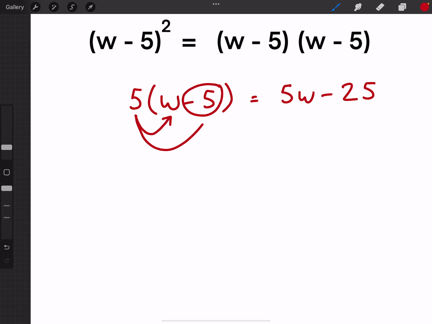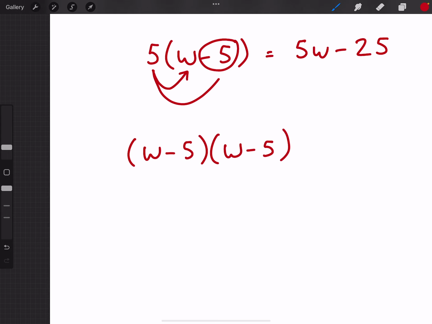However, what if we have w minus 5 times w minus 5? Well, in this case, we just have to multiply both of the numbers in here into these ones separately. So here's what we do. We start with the first term, and we multiply it into these two numbers inside the second bracket, like this.